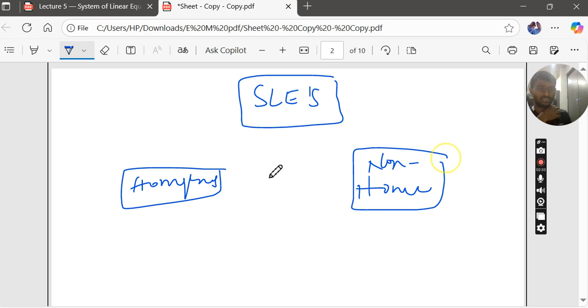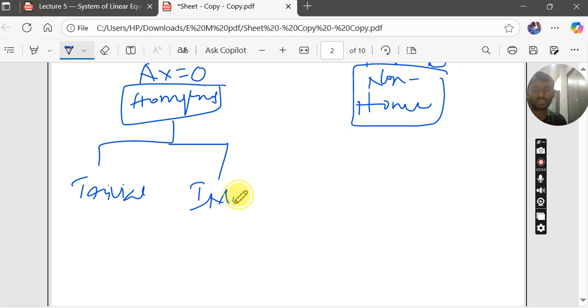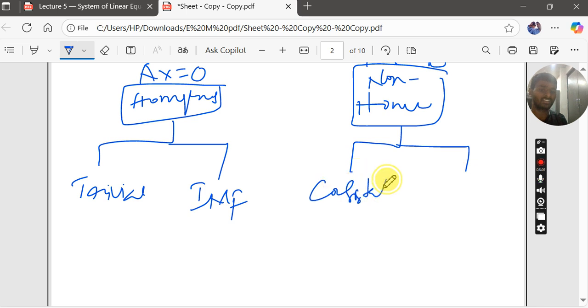Here the format will be Ax equal to 0, and here it will be Ax equal to B. In homogeneous, solutions will exist in two formats: one is trivial, another one is infinitely many trivial. Similarly, in non-homogeneous, we will get two types of solutions: one is consistent, one is inconsistent.